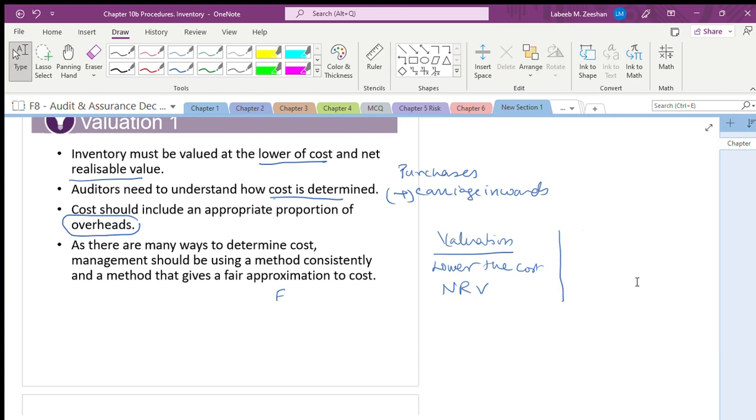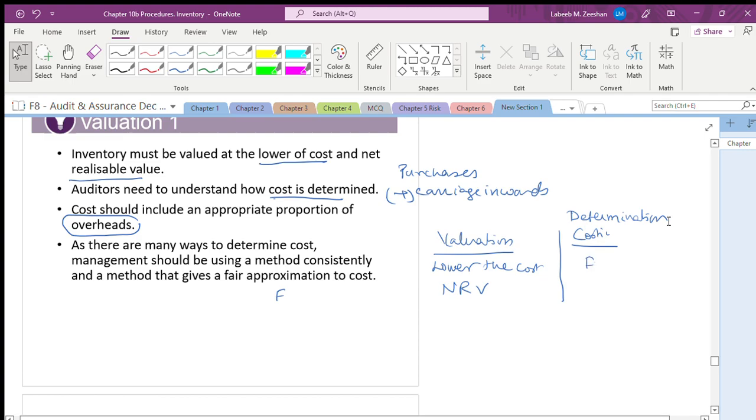Whereas when you are talking in terms of cost measurement, determination of the cost, how the cost is calculated, then we will say it is based on FIFO, it is based on LIFO, it is based on simple average.